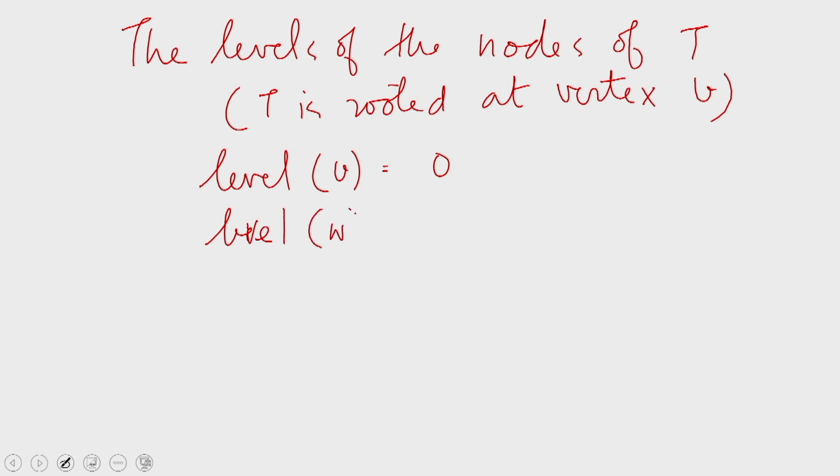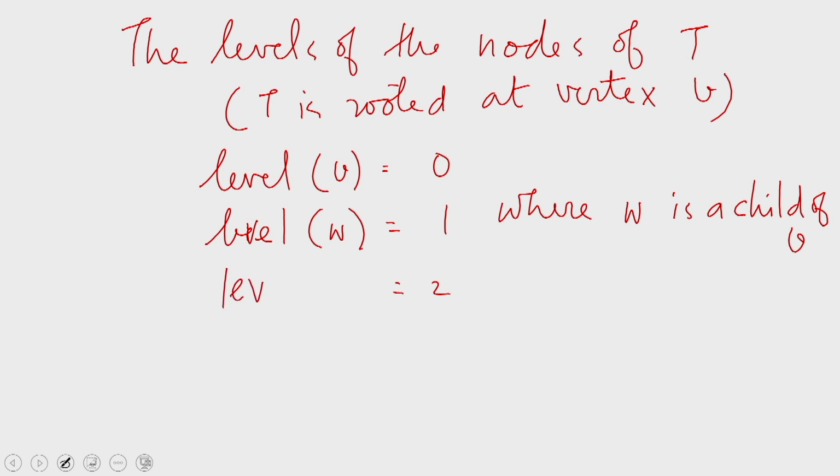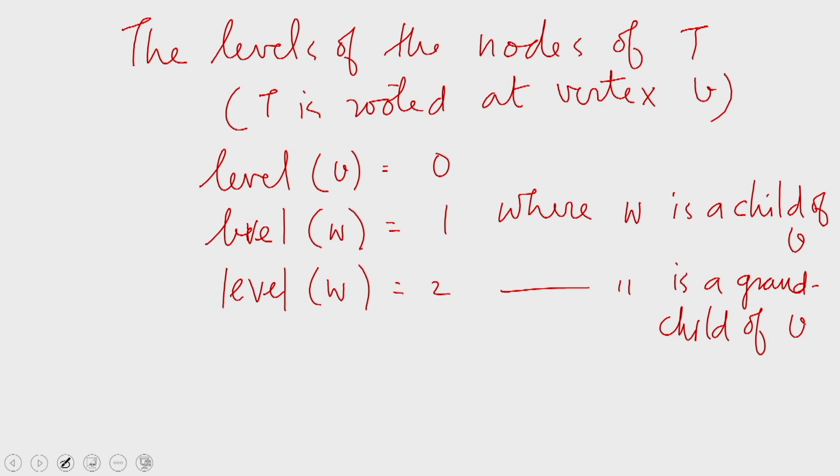The level of W is 1, where W is a child of V. For every child of V, the level is defined as 1, and for every grandchild of V, the level is 2. This is how we want to define the levels.